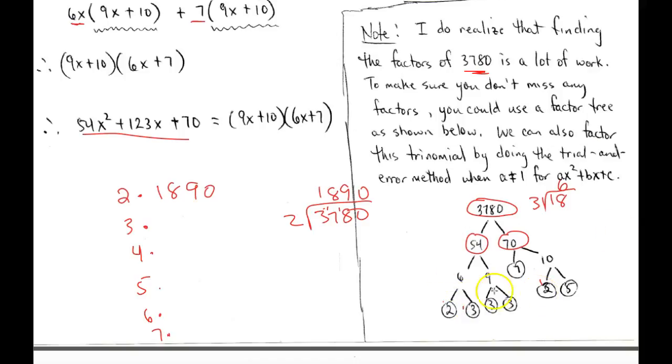So if we use this 3, then we just multiply every other prime number that we have left to figure out what that's going to be here. And then we could move on and say, all right, well, I want to know what 4 times this is going to be.